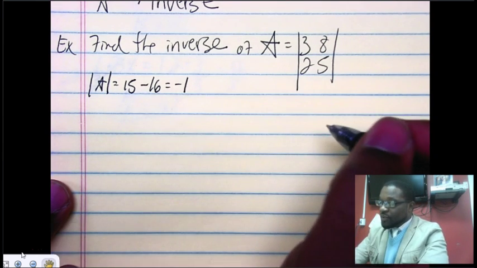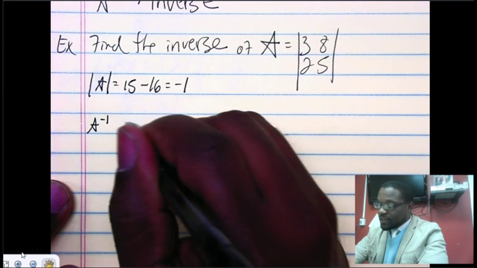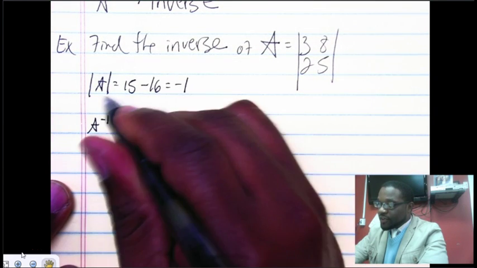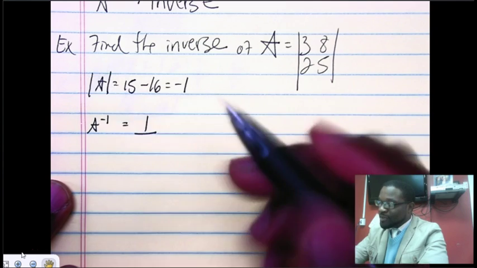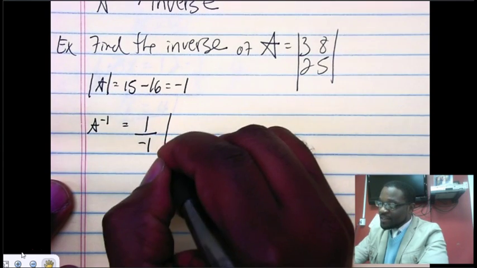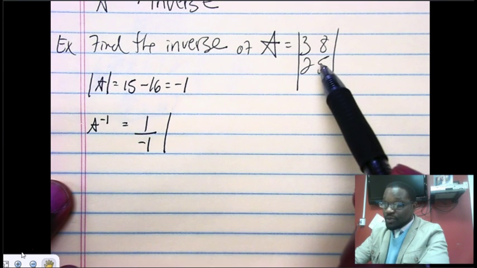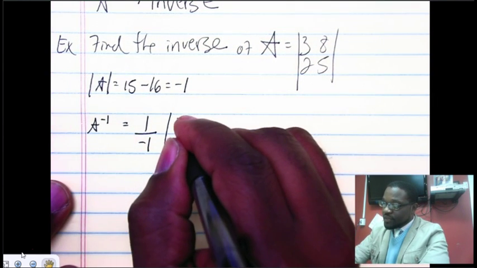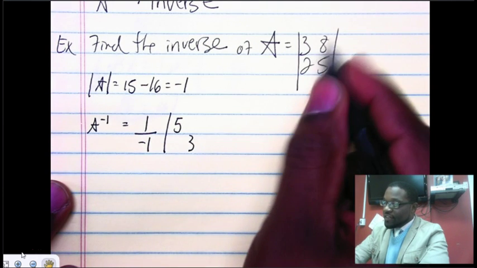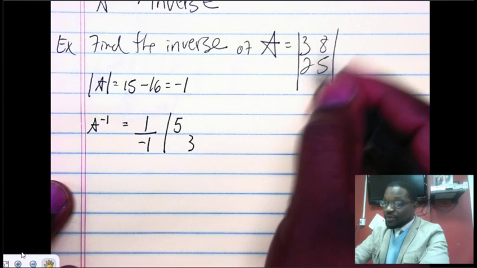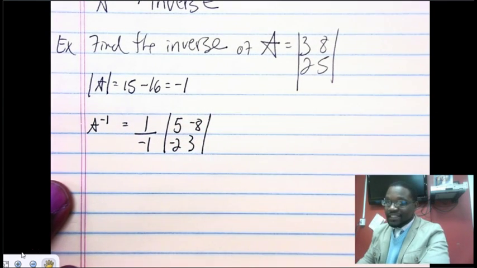So the way this works is the inverse of A is going to equal 1 over the determinant times, now listen, you don't just take A. It's really important. You flip the 5 and the 3, and the other diagonal, the 2 and the 8, stay where they are, but they change signs.